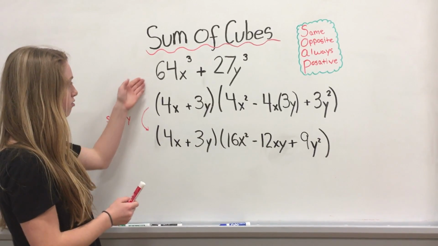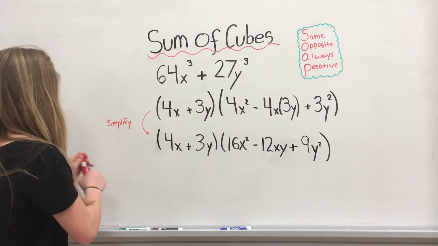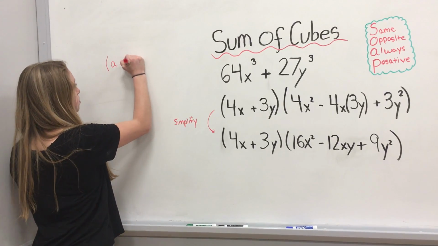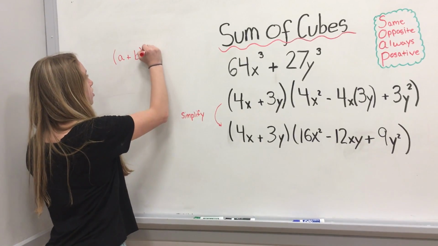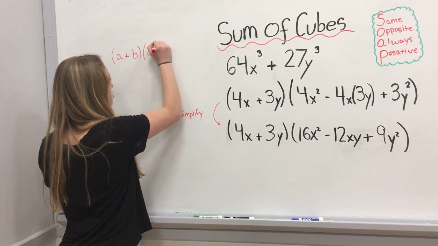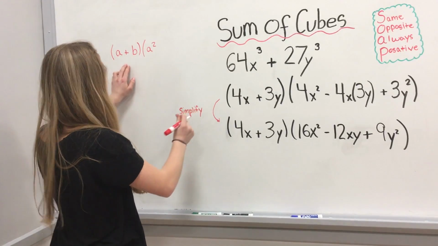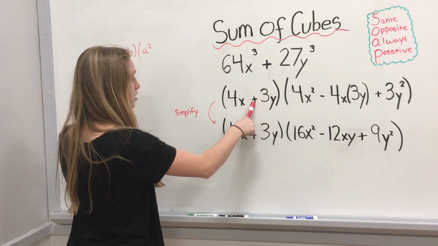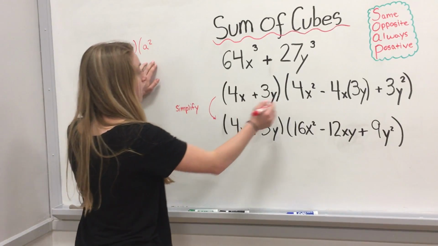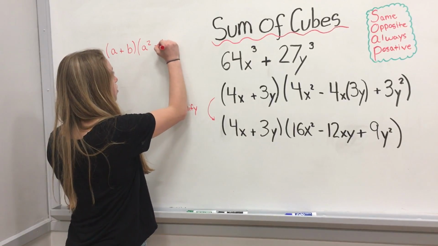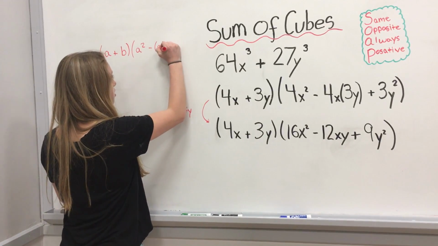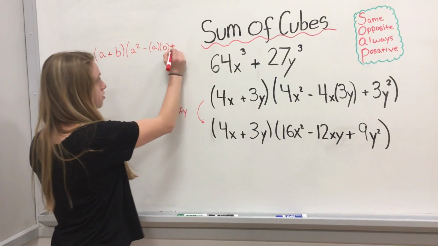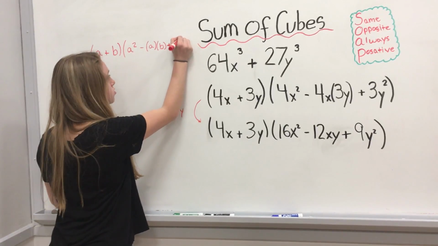And to get from here to here, you need to use the equation in parentheses a plus b, and another parenthesis, a squared. And so you would follow the rule, same, opposite, always positive. So same symbol here, so that would be positive. And then opposite would be negative, and then you would do a times b, and then always positive, that would be positive b squared.